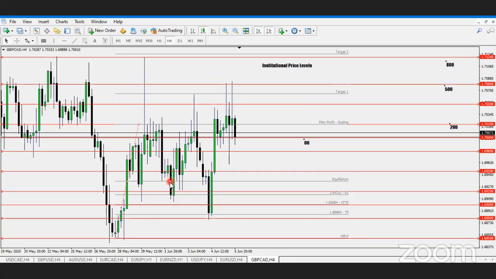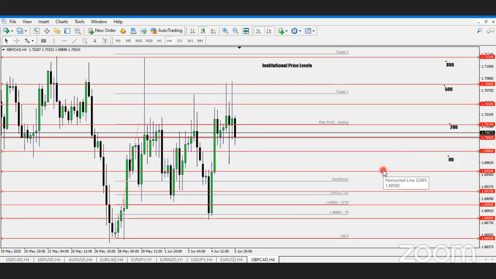And where does price reject from? 62% again. Again, this is our institutional level. Price rejects. Where does it go to? Our OTE level.